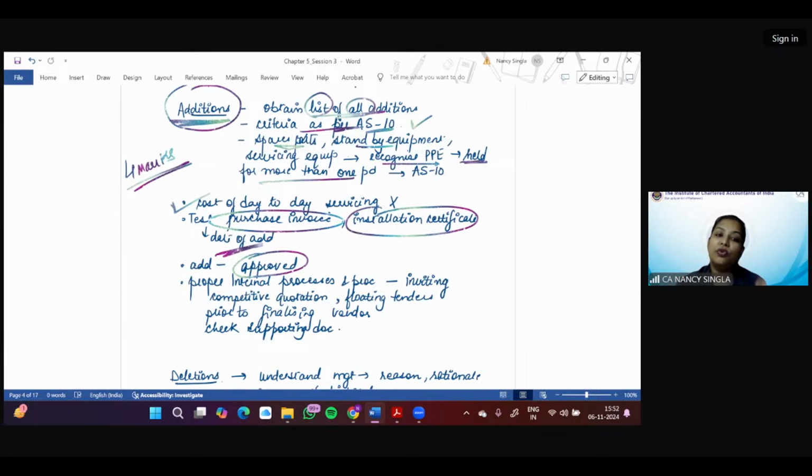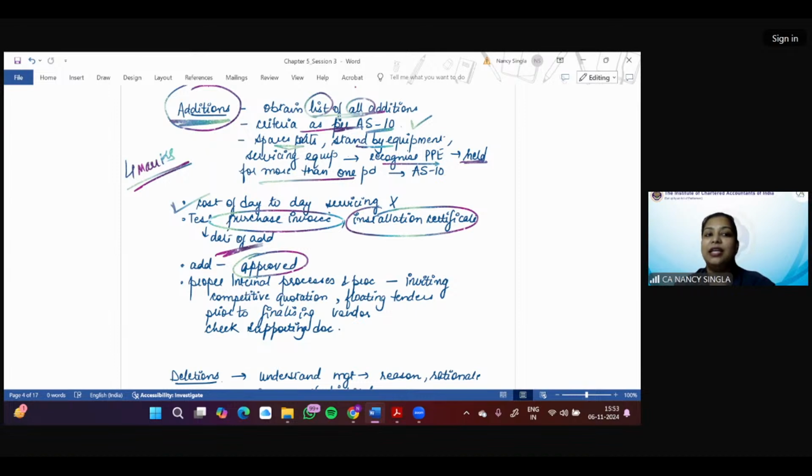And this should be before finalizing the vendor. Why? Because if the management has the intention to go into any fraudulent activity, it may purchase at a very high price from a related party.